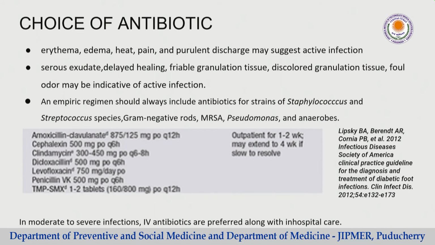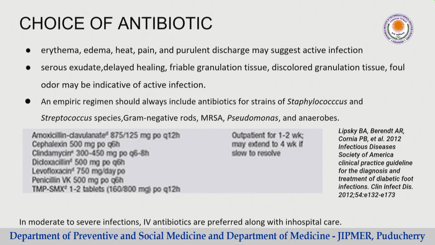So, once active infection is suspected, an empiric regimen should always include antibiotics for strains of Staphylococcus, Streptococcus, gram-negative bacilli, MRSA, Pseudomonas and anaerobes. In mild infections, patients can be treated on an OPD basis at the PHC level.